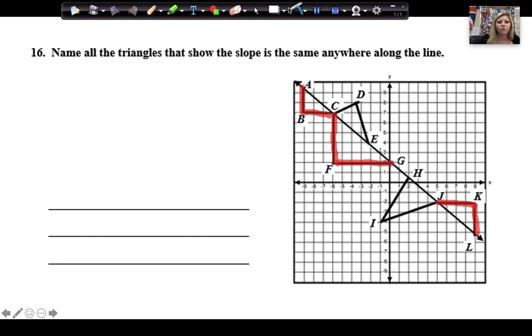So my triangles are A, B, C, C, F, G, and J, K, L. The middle of your angle is always going to be the middle letter when you're writing it.